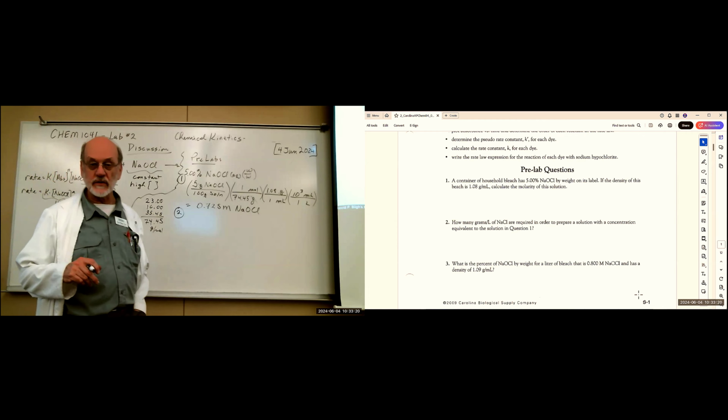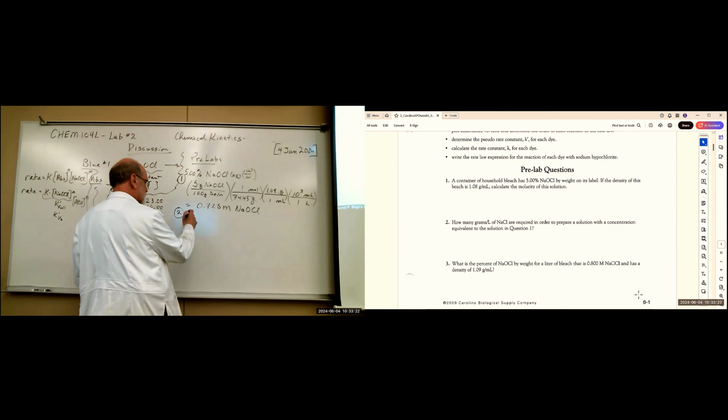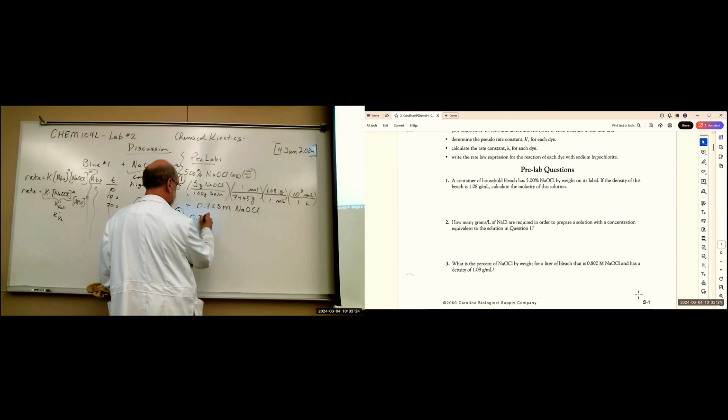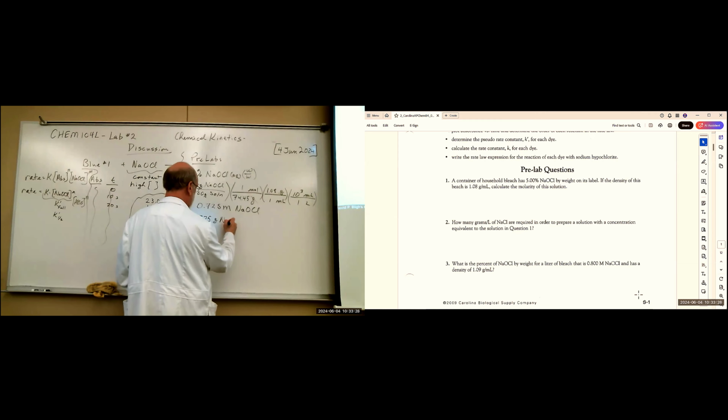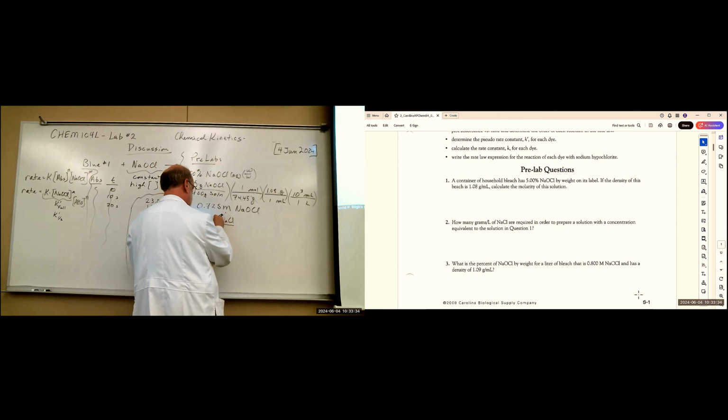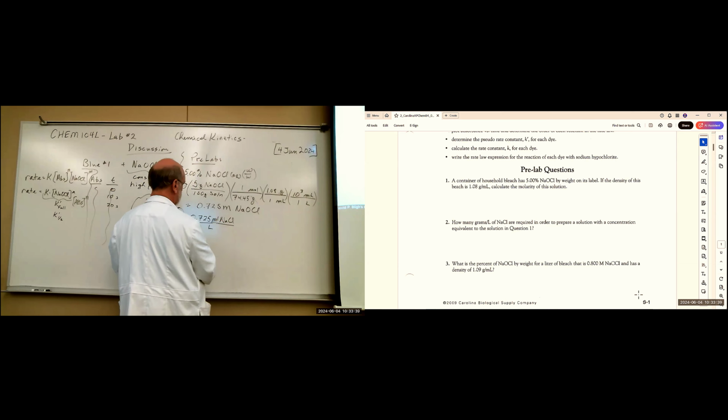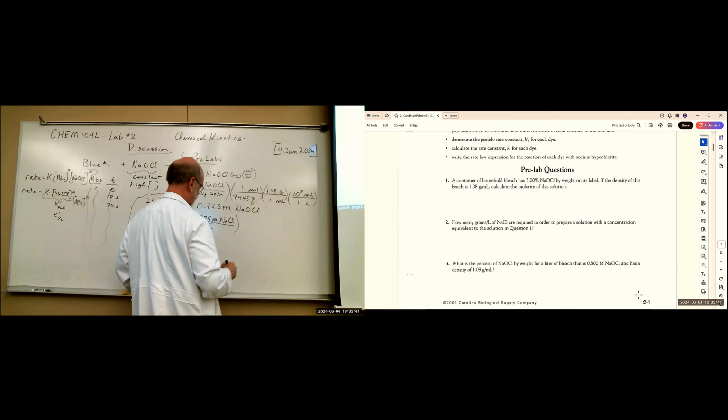Okay, so what we want to do is we've got this concentration, 0.725 moles of sodium chloride per liter of solution.